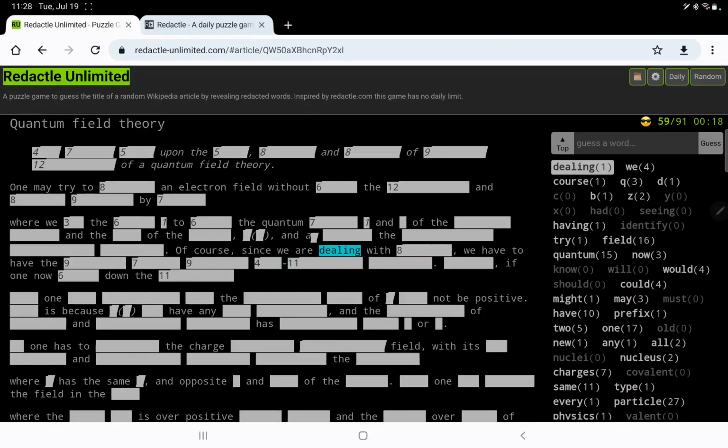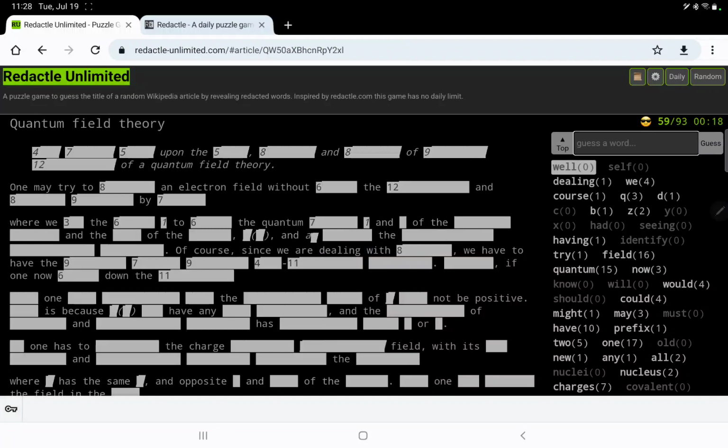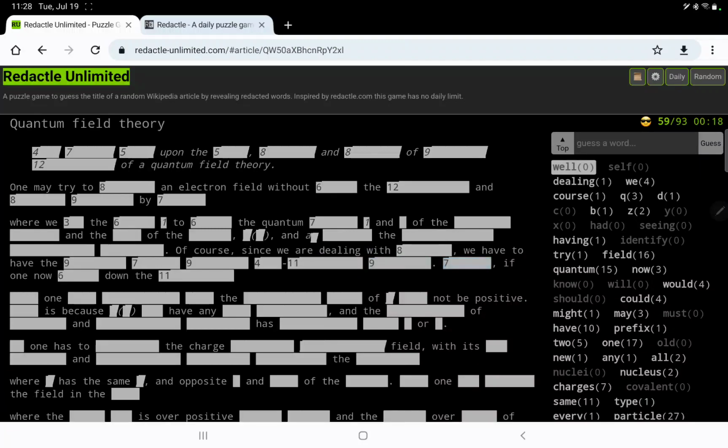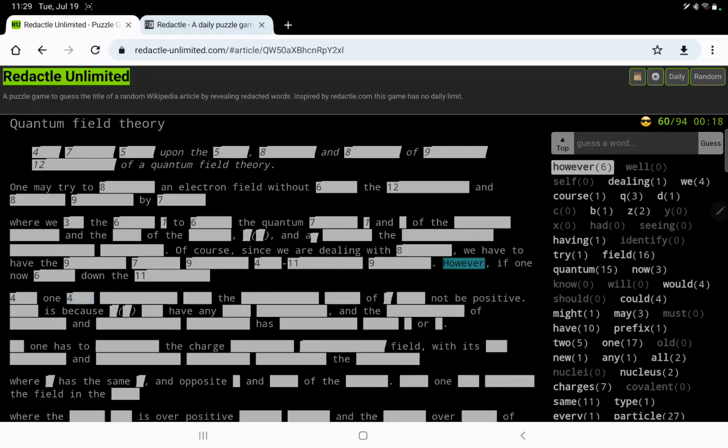There's a 4-letter prefix. How about self? Well, no. However, if one now 6 down the 11, and then there's no period, maybe there's another formula there that has been removed here.